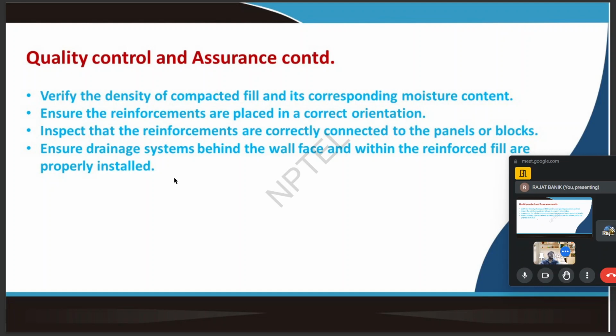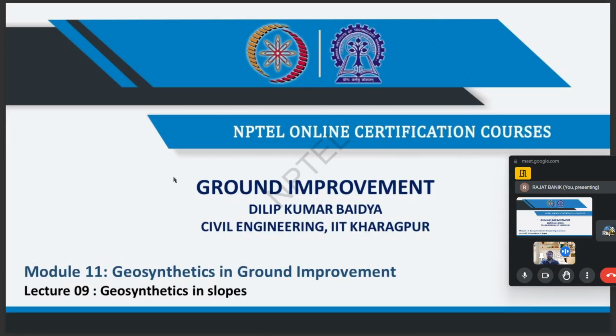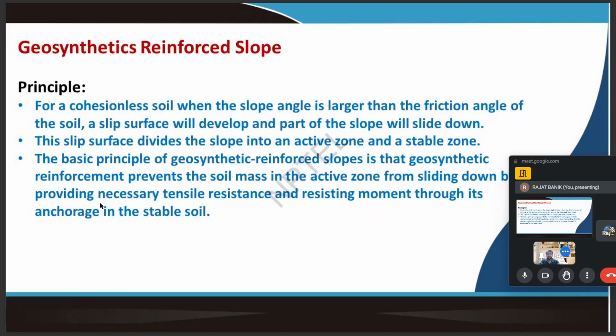Now we discuss the slope constructed with geosynthetic material, using geosynthetics in slopes. What are the benefits and advantages of using geosynthetic materials to stabilize the slope? So now we discuss one by one.